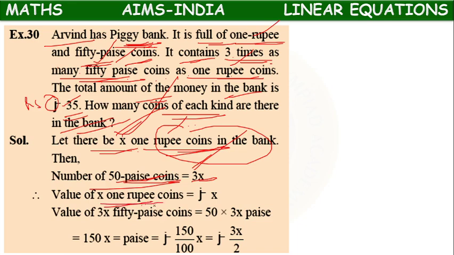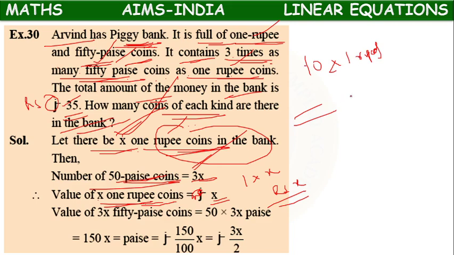The value of x 1 rupee coins is 1 into x, which is x rupees. Because if you have 10 1 rupee coins, then how much money do you have? 10 into 1, 10 rupees. In the same way, if you have x 1 rupee coins, you will have x into 1, x rupees.